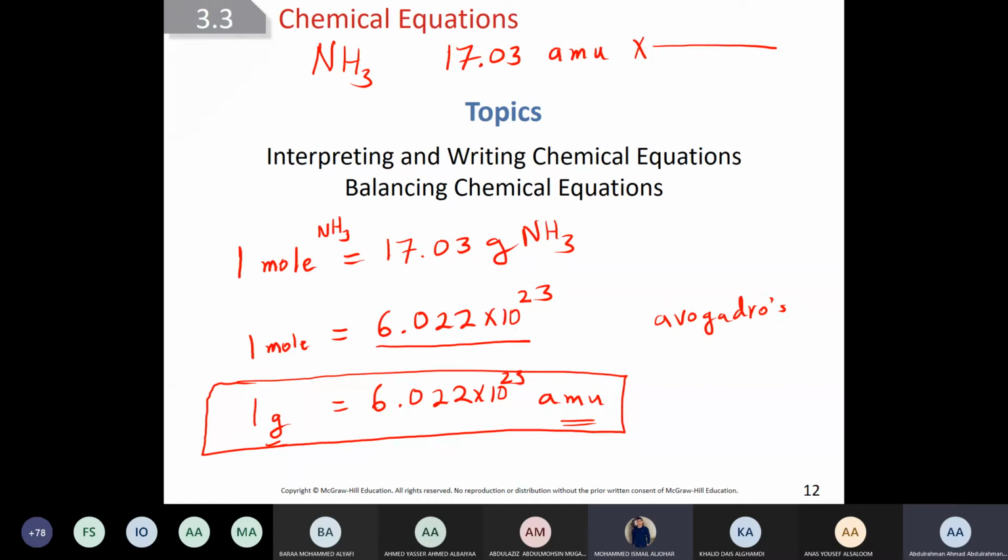Don't forget, where should I put the unit? Up, what should I write up? 1 gram, and 1 down. Gram up. Yeah. 6.022. And what's the unit? Grams.